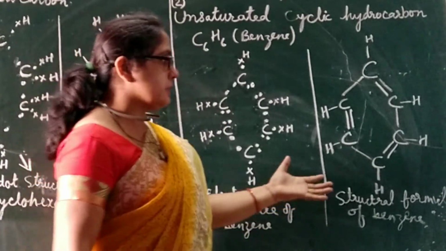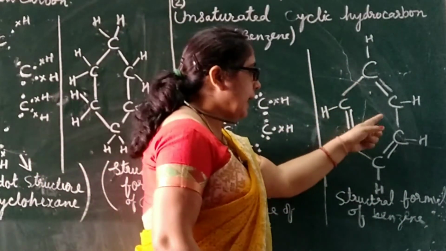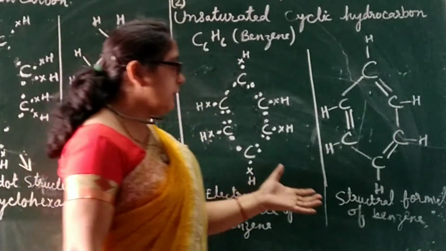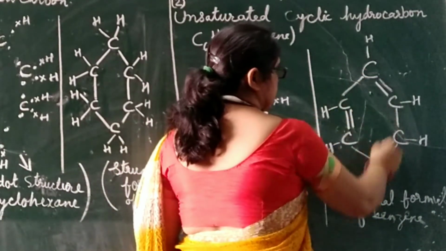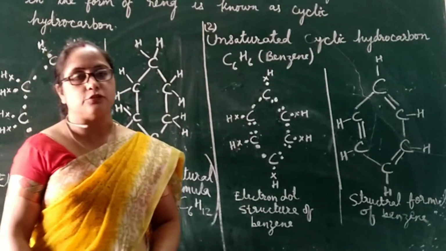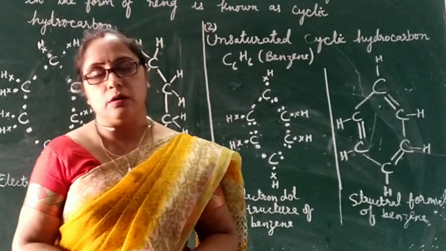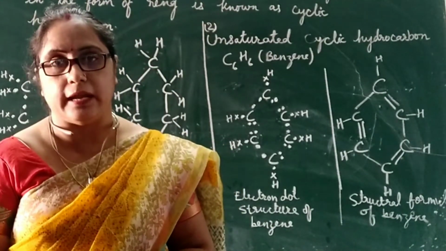It means in the structure of benzene, we have double bonds at alternate positions. In this way, we get the structure of benzene, C6H6, and this is an example of an unsaturated cyclic hydrocarbon. In this way, you can also draw the cyclic hydrocarbons cyclopentane and cyclobutane.